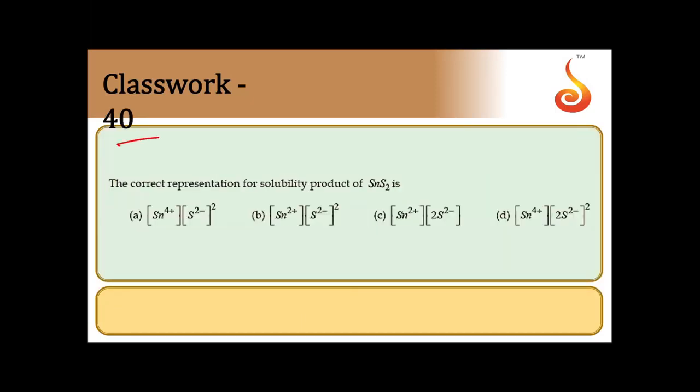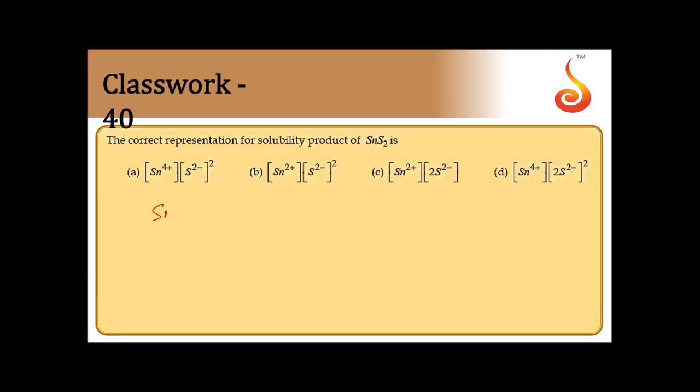40th one. Correct representation of the solubility product of SnS2 salt. SnS2 will ionize into Sn4+ and 2S2-. Ions are Sn4+ ions and S2- ions.